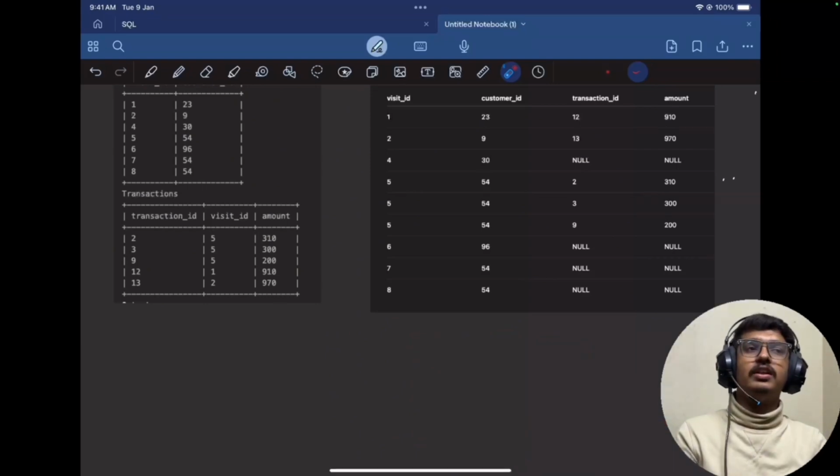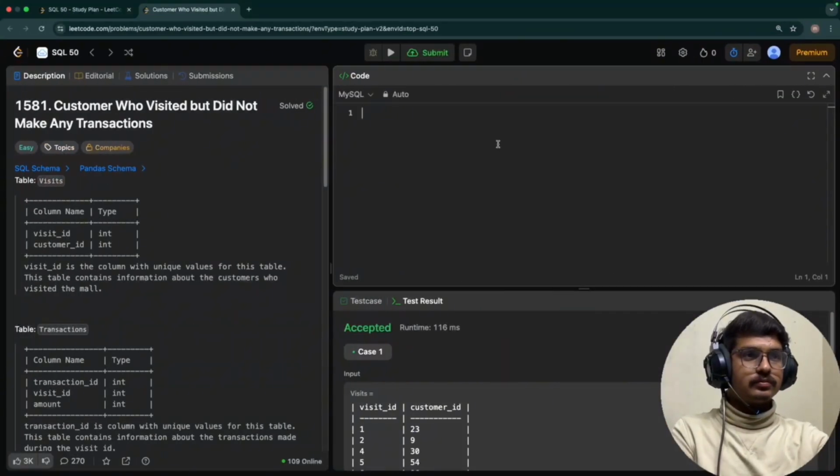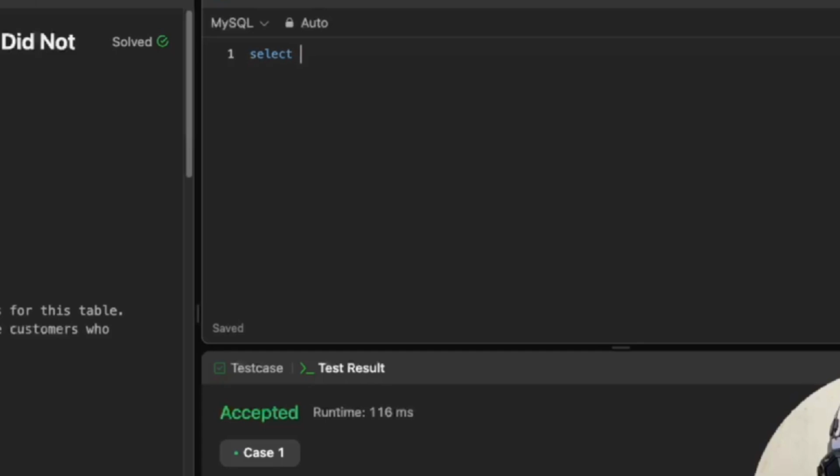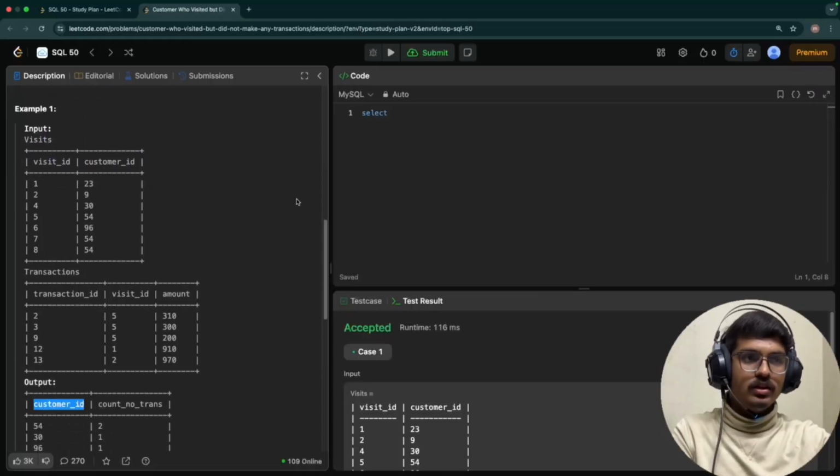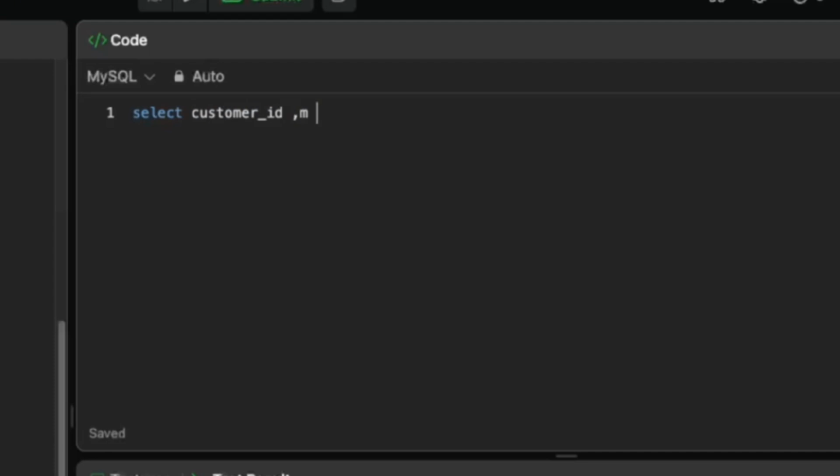Now let's do it in code. We want to select customer ID, comma, count as count_no_trans. This is an alias, just keep it aside. There will be some count logic over here; we need to count something.